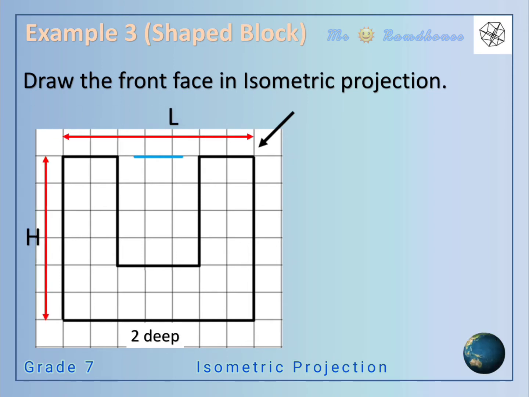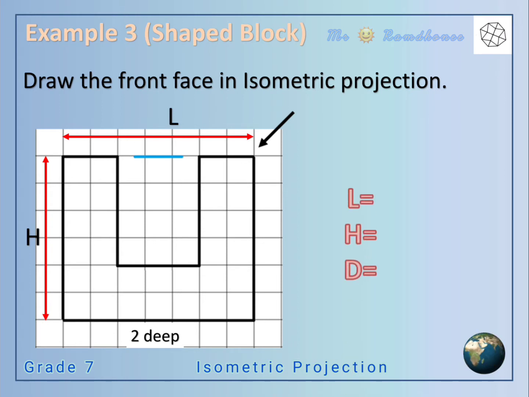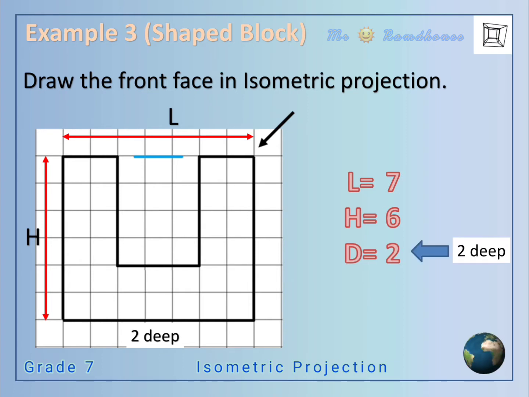The length is the horizontal distance, the height is the vertical distance. So we're given 7, 6 and 2. Next we have to add numbers to each of these corners. So let's do it. And we have 8 corners. This will help us to draw the object in isometric projection.